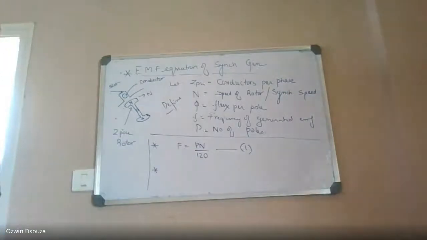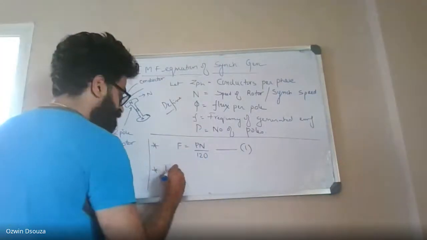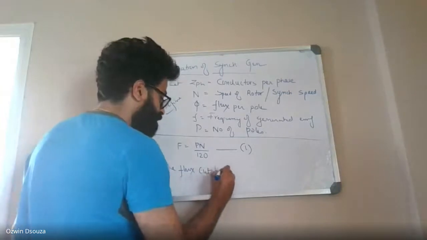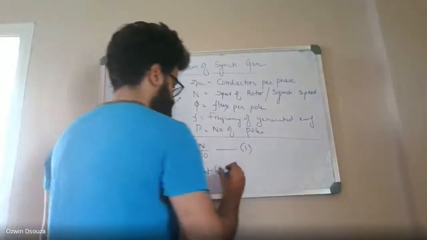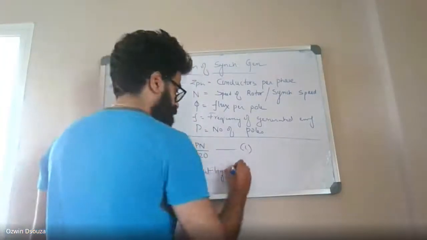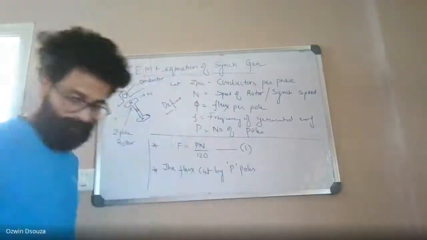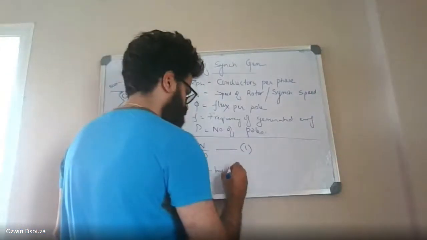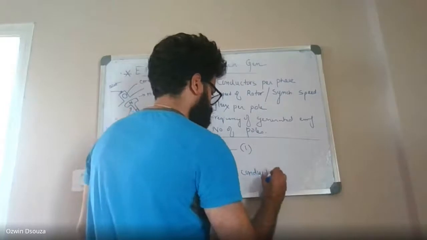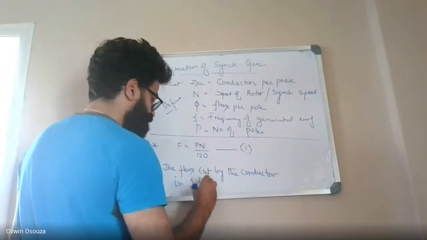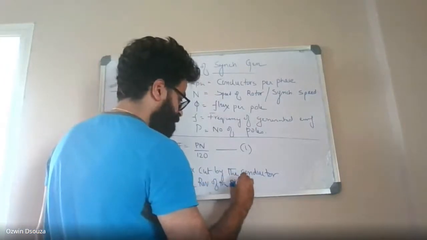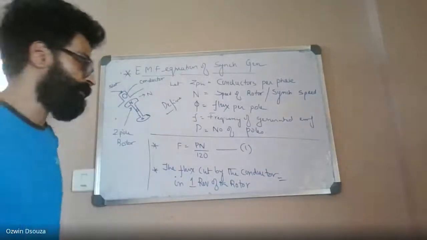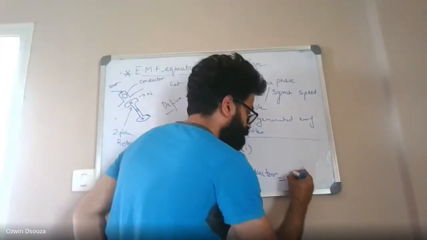Now, the flux cut by the conductor in one revolution of the rotor is equal to flux into number of poles.